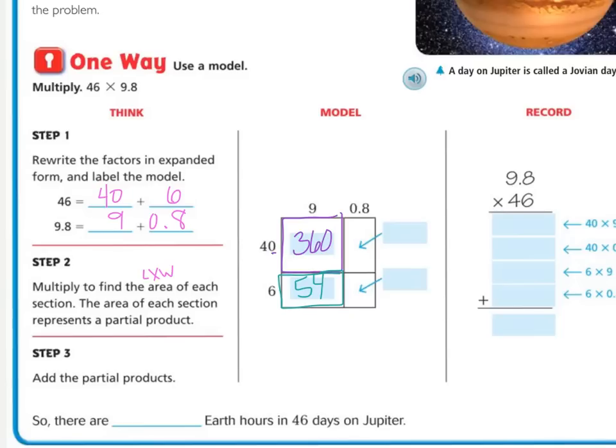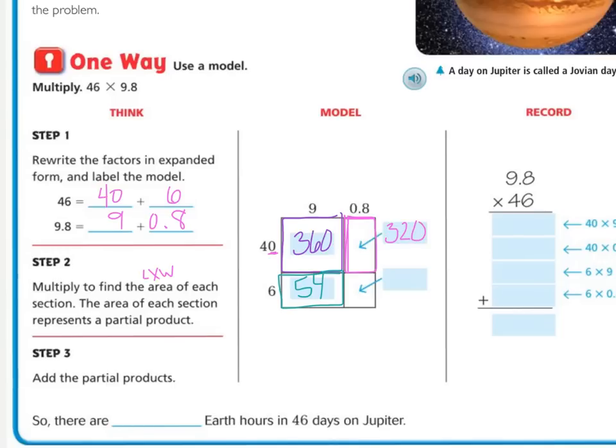Now we're going to look at this box right here, and it's 8/10 by 40. Remember, you can move the decimal out. 8 times 4 is 32, and then we have that 0, so it's going to be 32 with a 0.